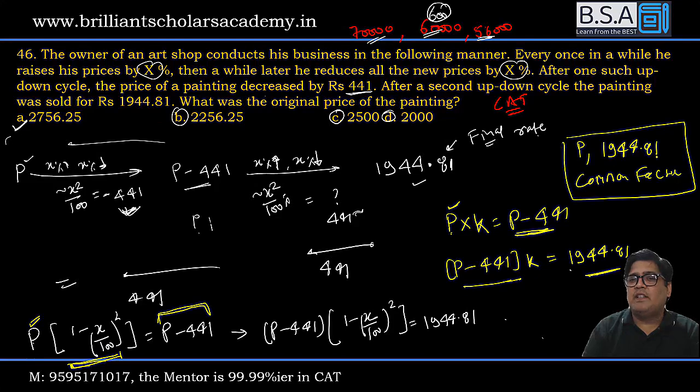What is the sum of the digits here? 8 plus 1 is 9, 4 plus 4 is 8, plus 1 is 9, plus 9. So do you see the sum of digits is 27? So this is a multiple of 9.